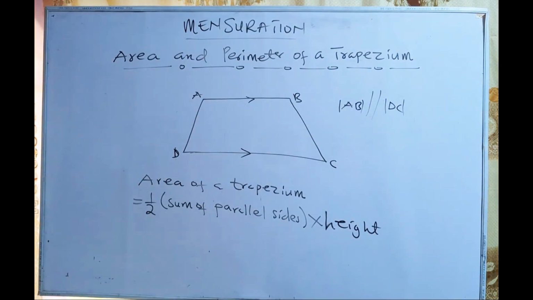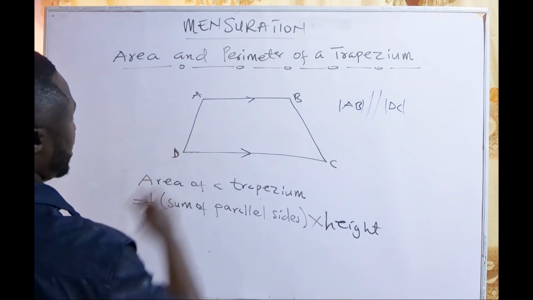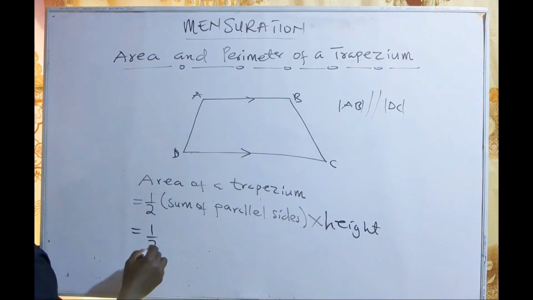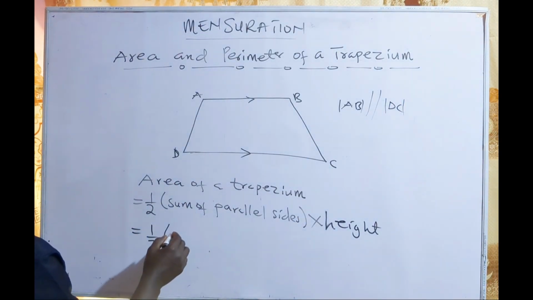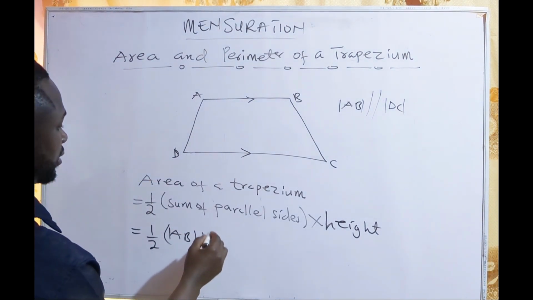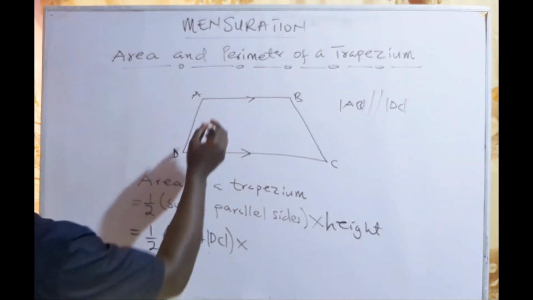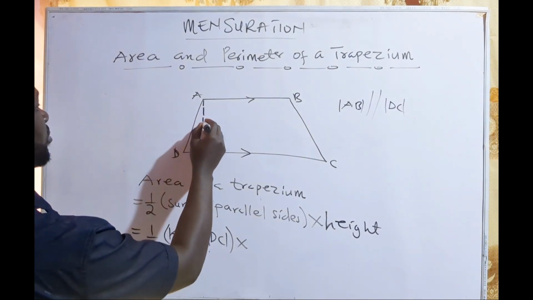Okay, so if I look at this trapezium there, what are the parallel sides? That is the DC and the AB. So I can say half times AB, sum plus DC, times the height. What is the height? So the height can be like this.